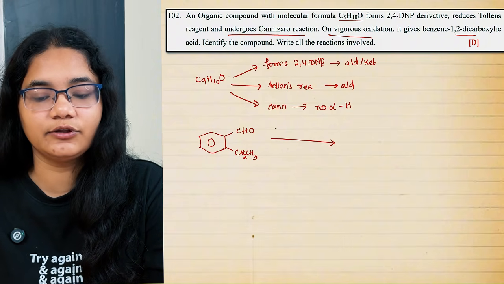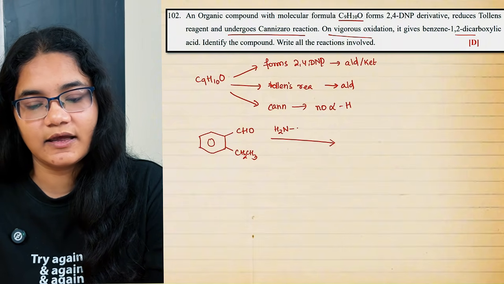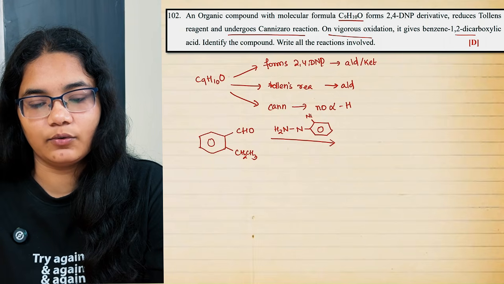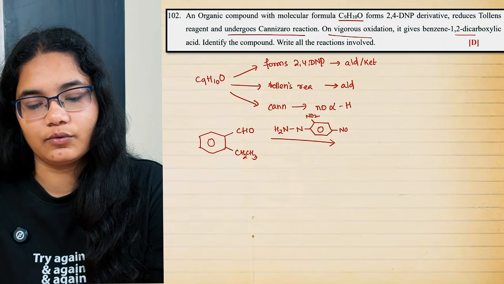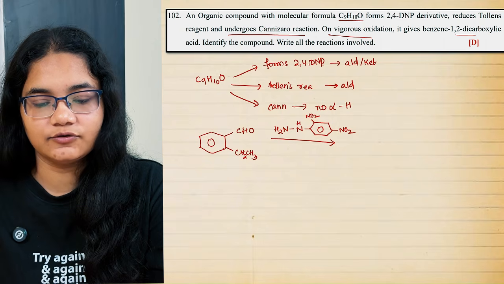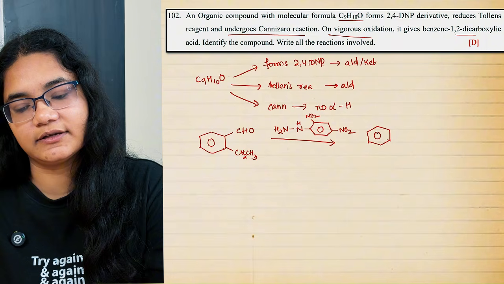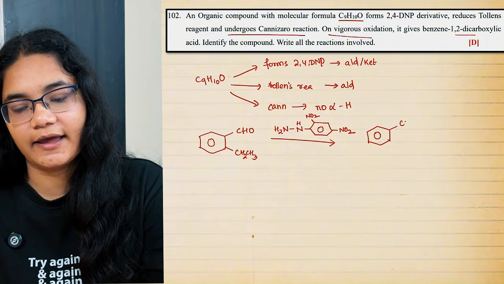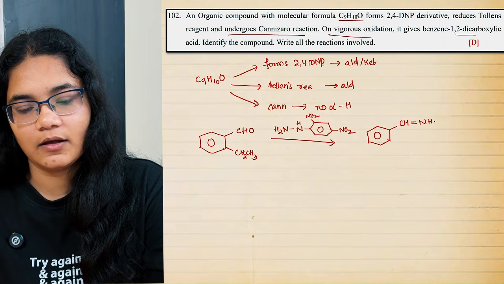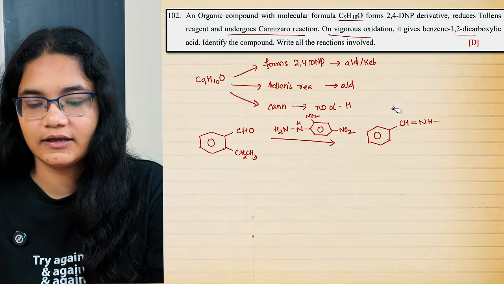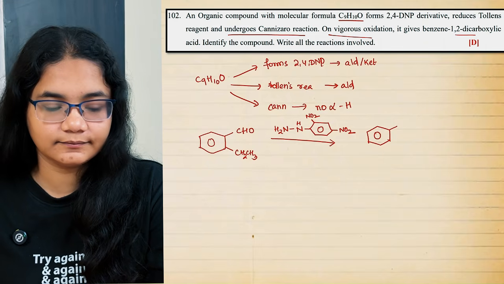The first reaction is with 2,4-DNP. So it is like this. And we have then the nitrogen group, then we have here NO2 group and NO2 group, and this is NH. So from here water will be removed and you will get a structure like this. Sorry, there's a small mistake, it's not like this.